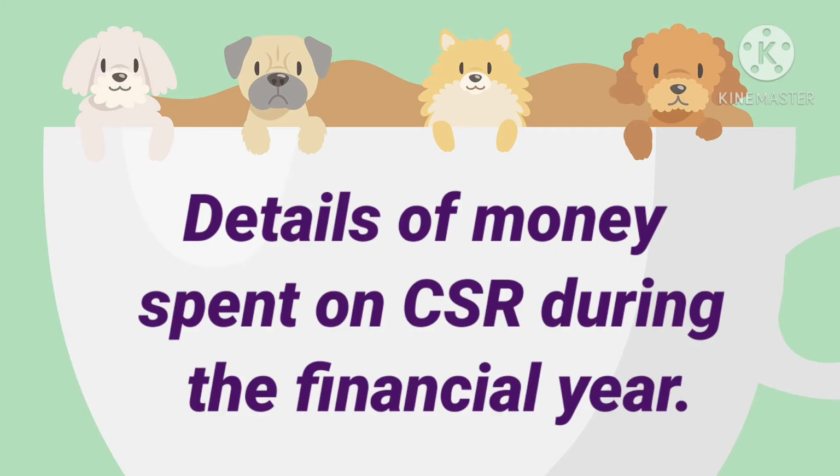E, details of money spent on CSR during the financial year. And F, in case the company has failed to spend the 2% of the average net profit of the last 3 financial years, reasons thereof are given.